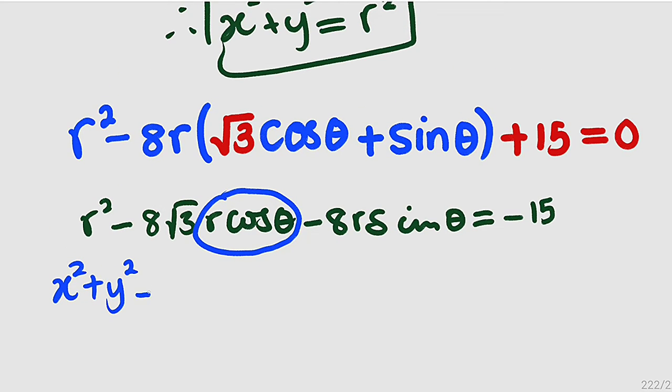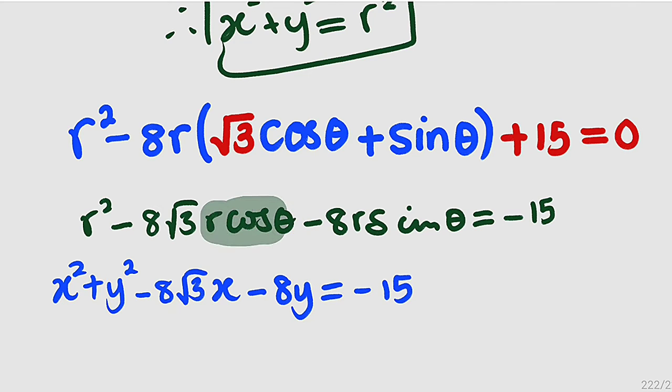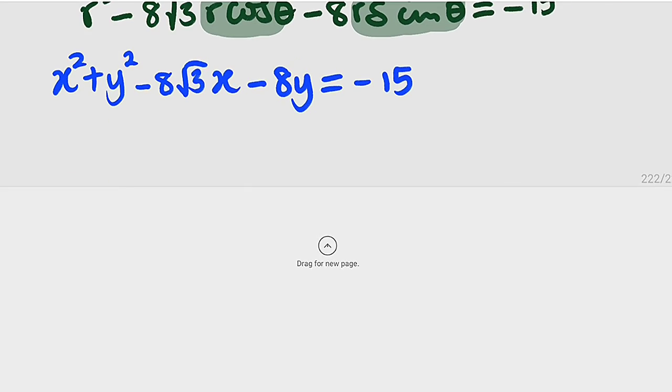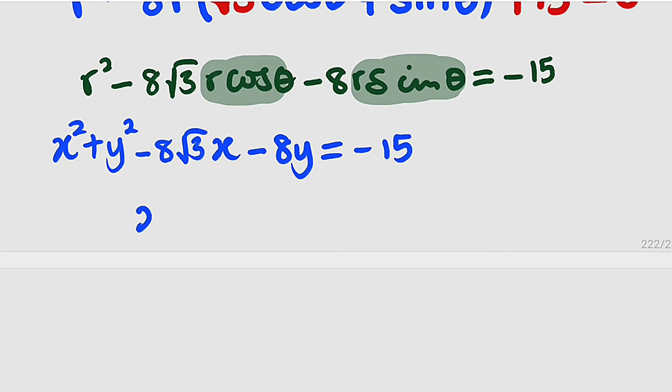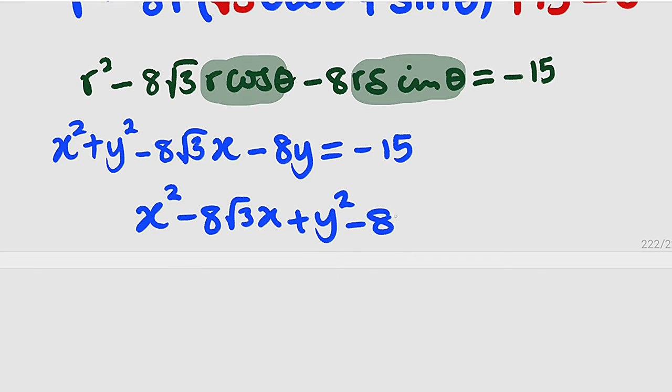So therefore we have negative 8 root 3 times x, then minus 8y equal to negative 15. I just substituted r cos theta with x and r sine theta with y. So we can continue. Let me group them. We have x squared minus 8 root 3 x, then y squared minus 8y, and this is equal to negative 15.